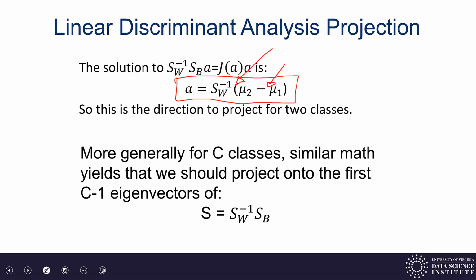More generally, if we have C classes, some arbitrary number, the LDA projection will be the projection onto the C-1 eigenvectors of this matrix. So remember, PCA was the projection onto the eigenvectors of the covariance matrix. LDA is the projection onto the eigenvectors of this matrix here.